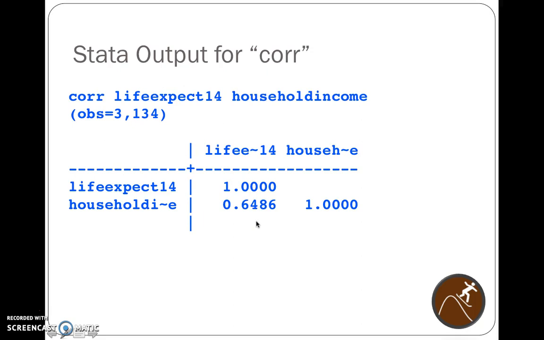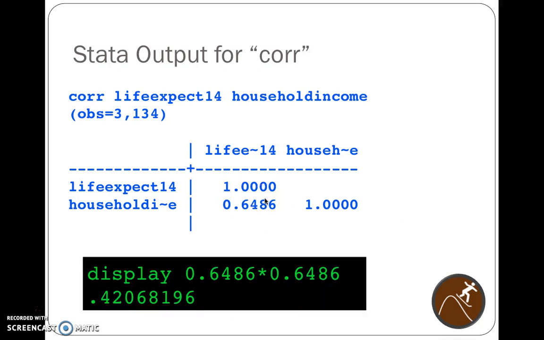Now, what did we say about the R square value in linear regression? The R square value is the R value, 0.6486, squared. So 0.6486 times 0.6486.